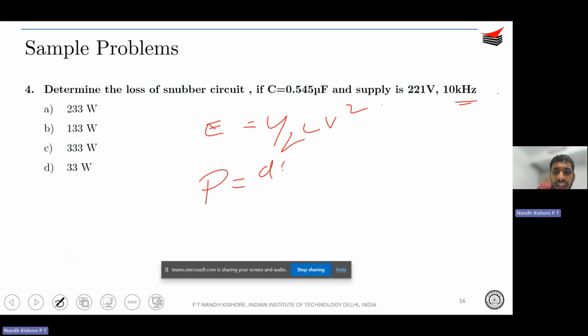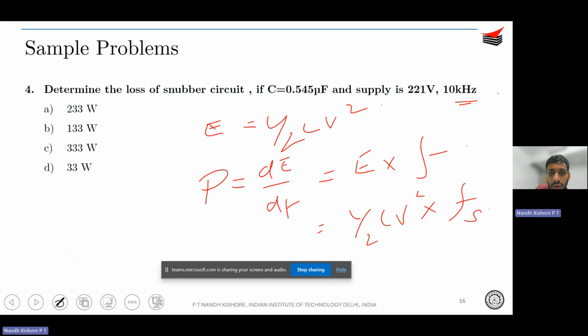Power is basically dE by dt, or the energy multiplied by the frequency. So the power is going to be half CV square into Fs. You know what is C, you know what is V, and you can find the power. So that's going to be half into 0.545 micro into 221 square into 10K.